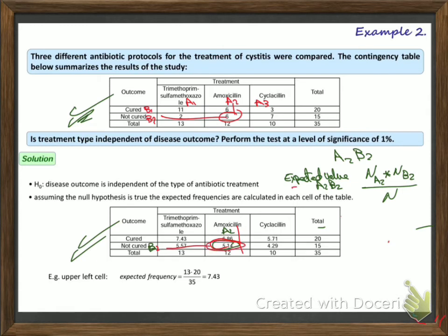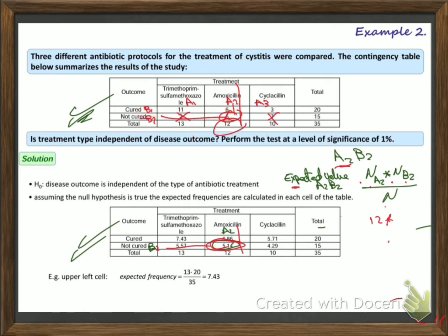As we said, the expected value will be N A2 times N B2 divided by N total. N A2, the sum of the column A2 in the observed values, is 12, times N B2. It's not this value, it will be the total, because this table is 3 by 2 or 2 by 3, 2 rows and 3 columns.